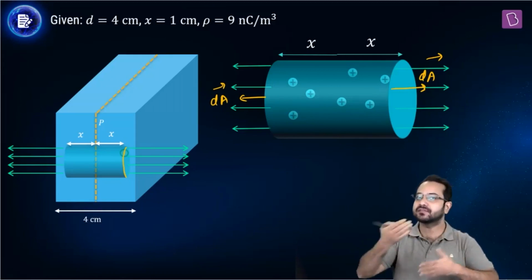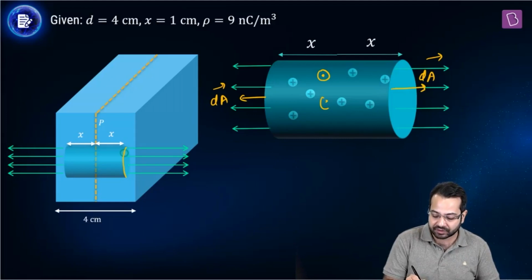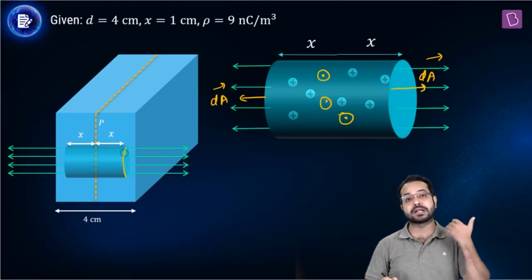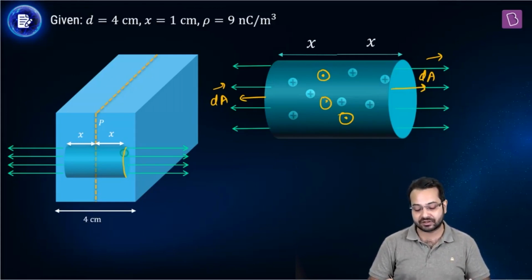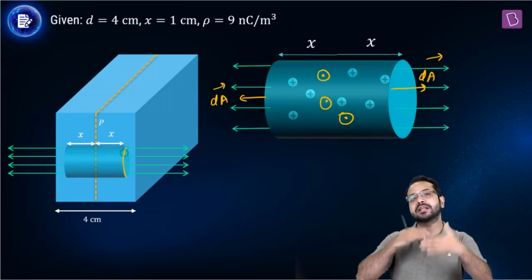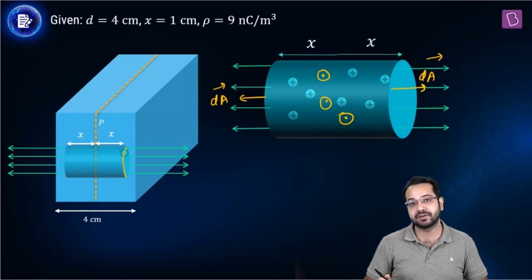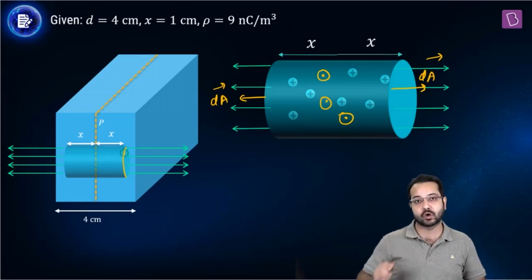And we have a curved surface. Now the electric field is along the axis. Any point on the curved surface is going to be perpendicular to the axis. So the angle between the area vector at any point on the curved surface and the electric field is going to be 90 degree. So this is a perfectly chosen Gaussian surface.